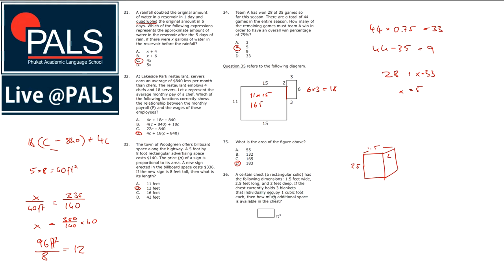If the chest currently holds 3 blankets that individually occupy 1 cubic foot each, then how much additional space is available in the chest? 1.5 times 2.5 times 2 is 7.5 cubic foot.